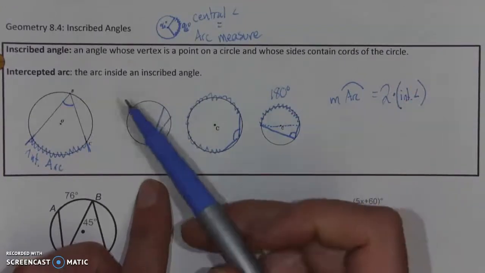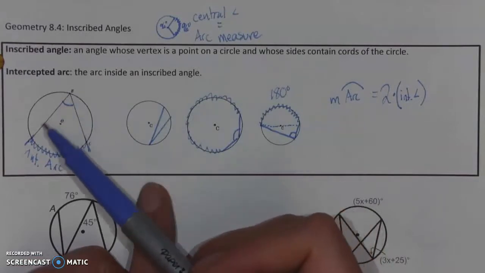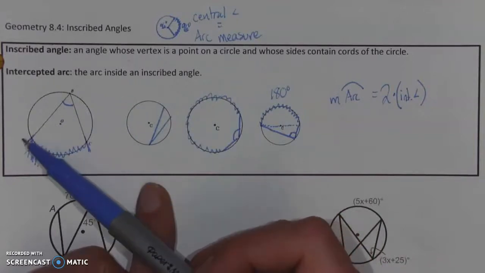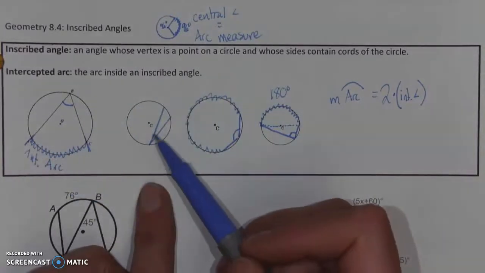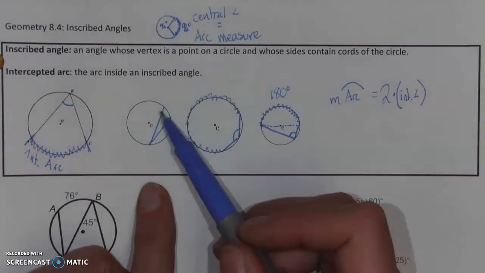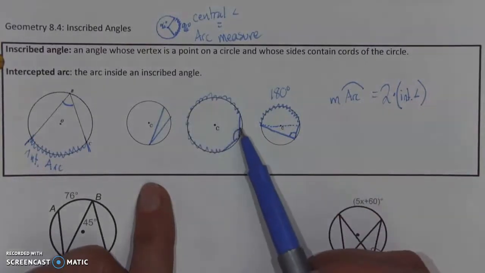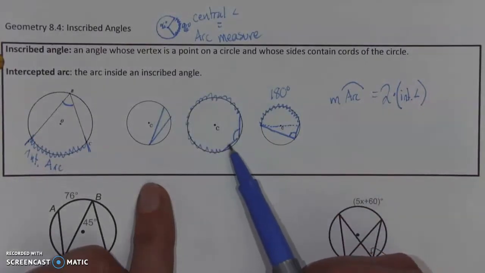So that means if I'm looking at this figure, if this angle was 45 degrees, this arc would be 90 degrees. In this angle, if the angle was 10 degrees, the arc would be 20 degrees. And with this one, well, we'd have to have a pretty big one. That's getting close to 180.